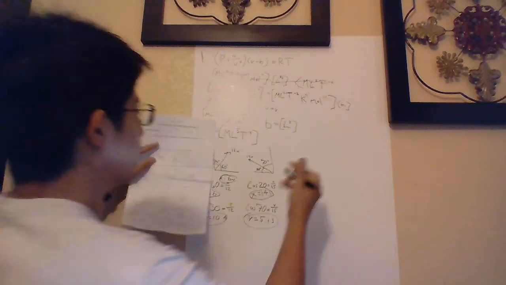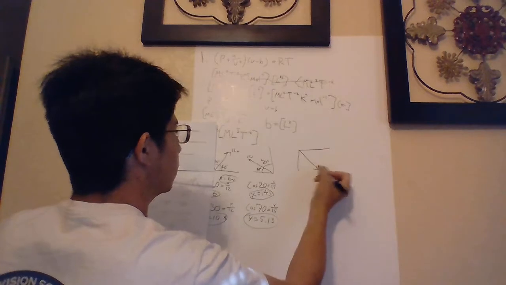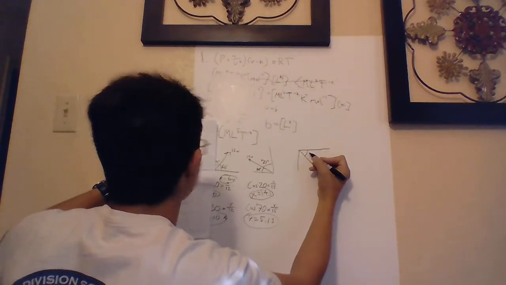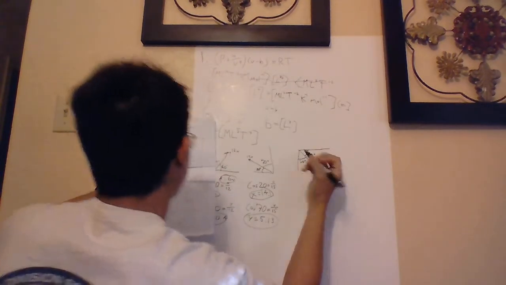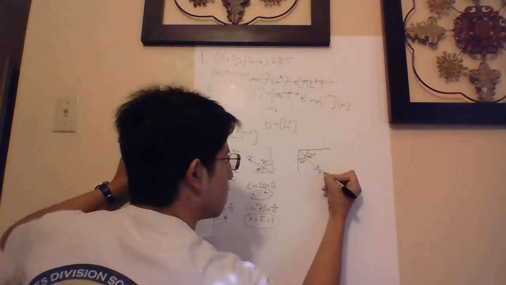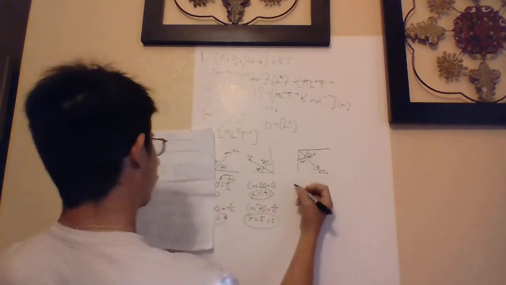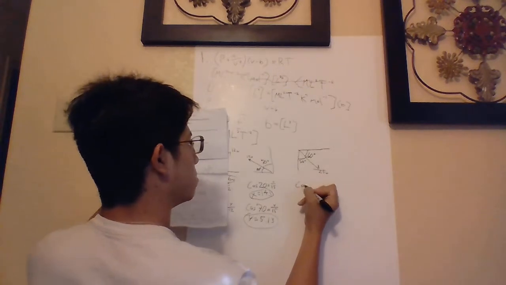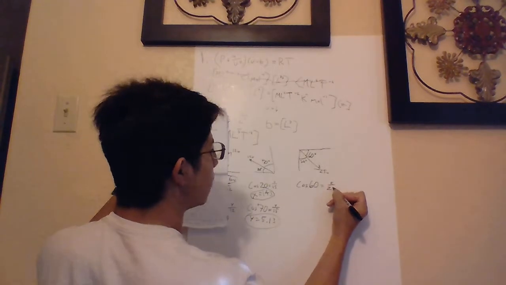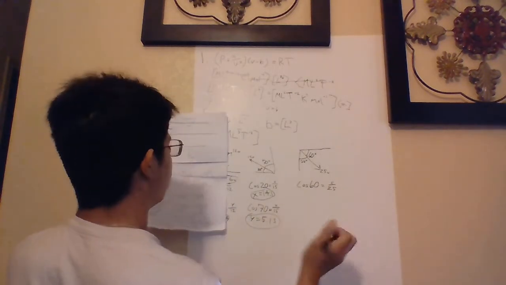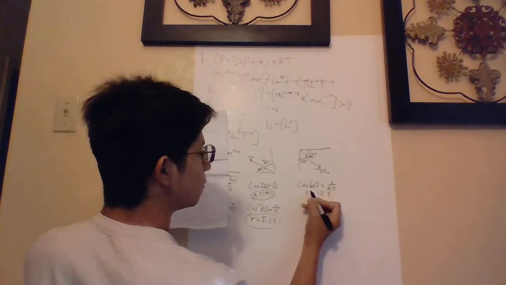Okay, for the third one, it's very similar to the first one, just kind of negative. 60 degrees, 30 degrees, 25 newtons. Same process. Cosine 60 equals x over 25, so x equals 12.5.